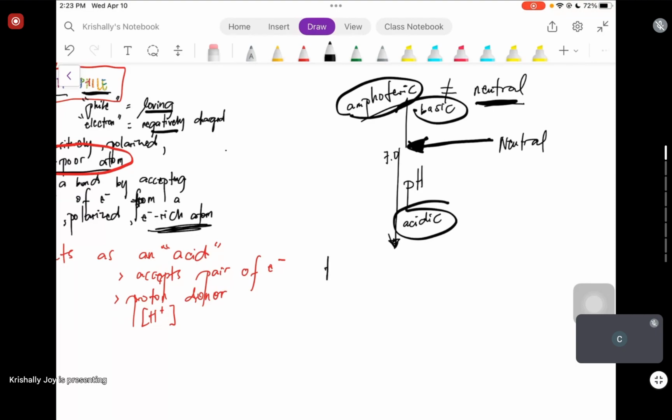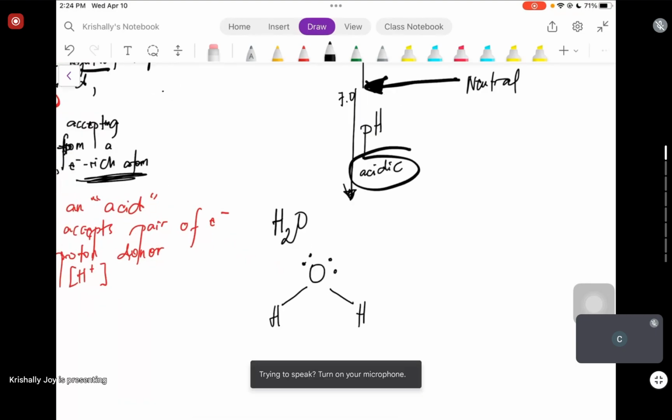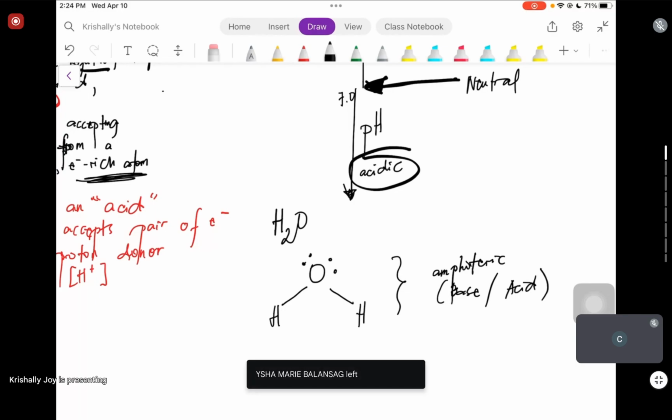Just like water. Diba? Water, H2O, or how do we draw it? You have bent shape, diba? Ang molecular geometry ng water. Yung water is a very good example na amphoteric. Okay, amphoteric siya. It may act as a base or as an acid. Depende yan sa chemical reaction.